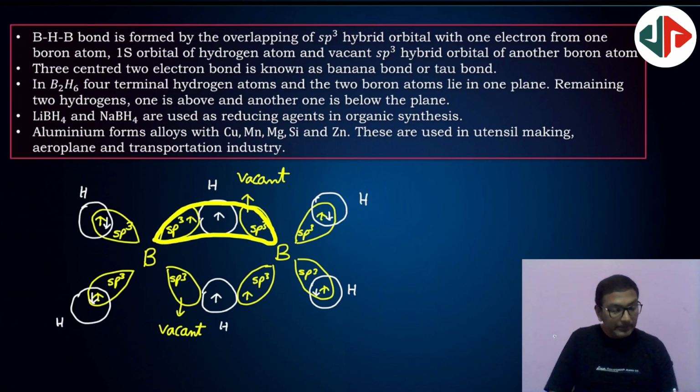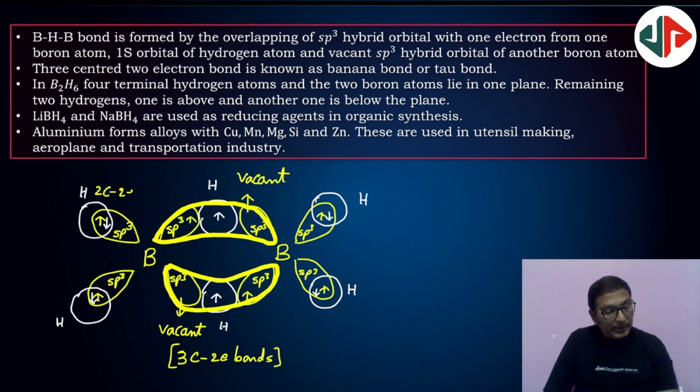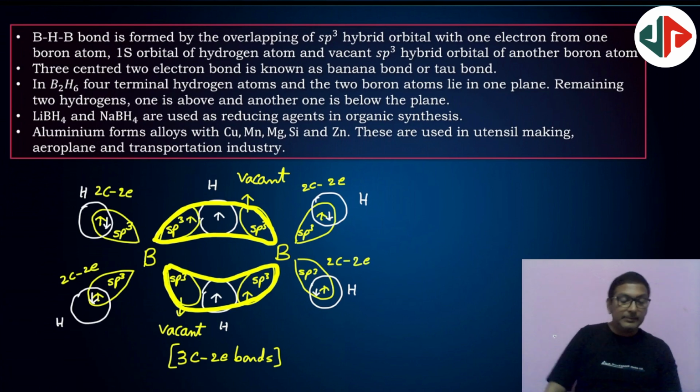Like this. So 3 atoms sharing 2 electrons. That means here a 3-centered 2-electron bond. Next, the remaining are 2-centered 2-electron bonds. So very important. So this is the actual structure of diborane.